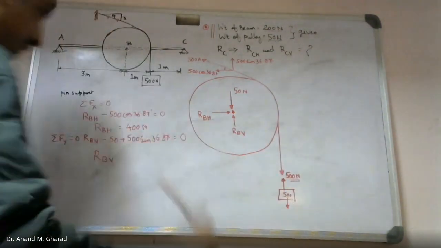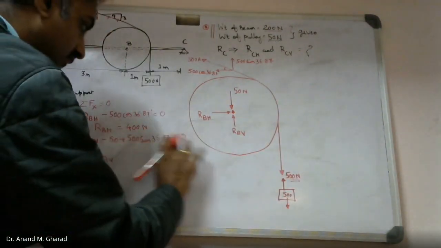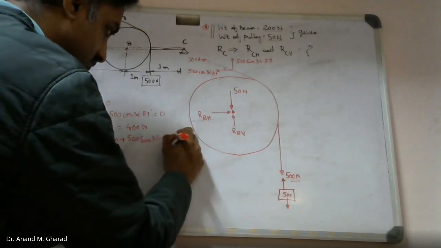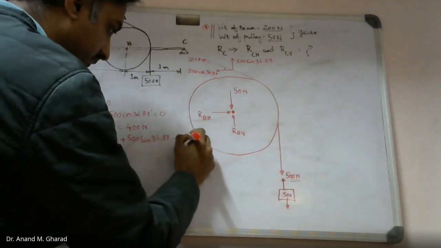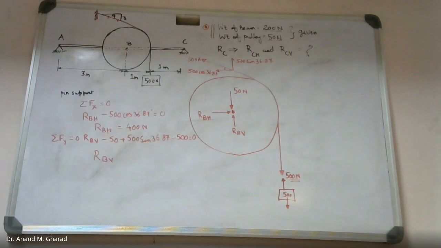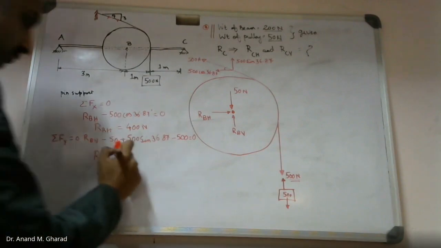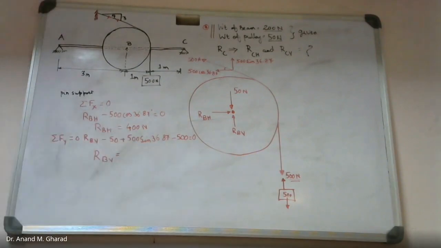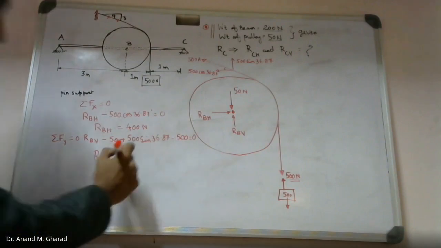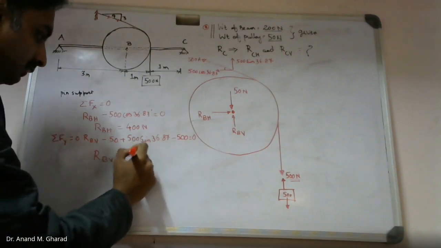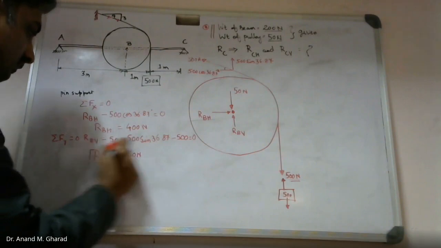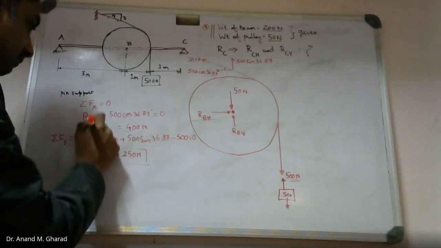Yes, this 500 Newton should be considered. Very good. So minus 500 equal to 0. Correct. This has to be considered. So how much does this come out to be? 250 Newton. So my assumed directions for RBH and RBV are okay.